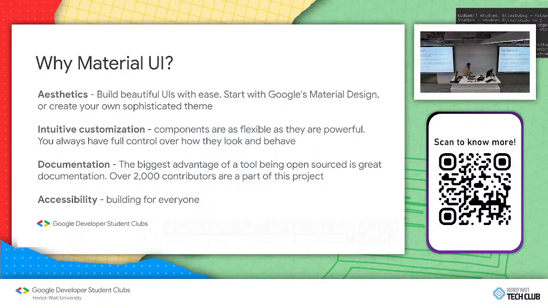Again, the accessibility is another big plus point for Material UI. Accessibility here stands for making your website accessible to people with disabilities. Like it supports screen readers by default, so your website can be read by screen readers. Yeah, it promotes building for everyone, basically.